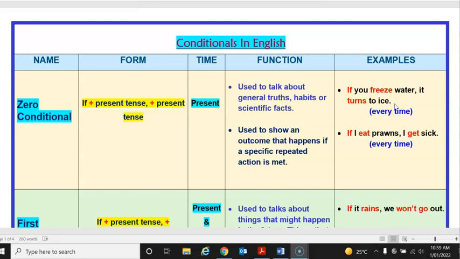Another time that we use this particular conditional, zero conditional, is when we want to show an outcome that happens if a specific repeated action is met.